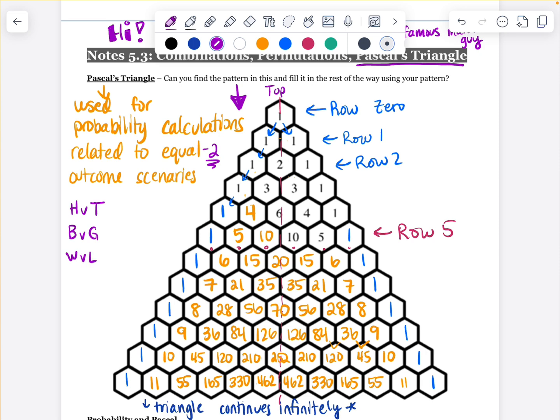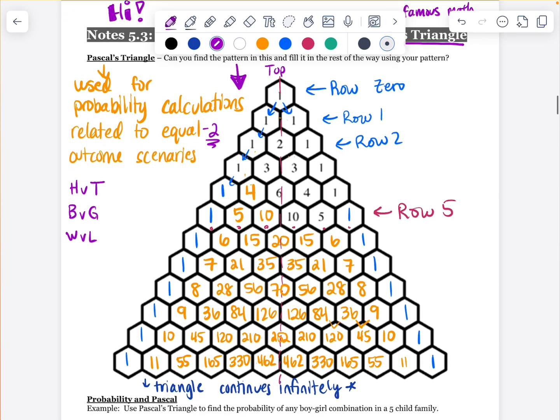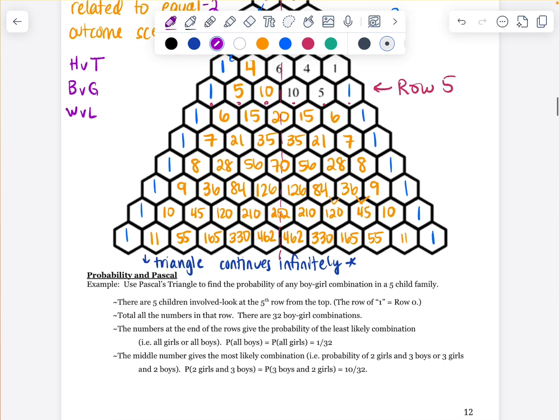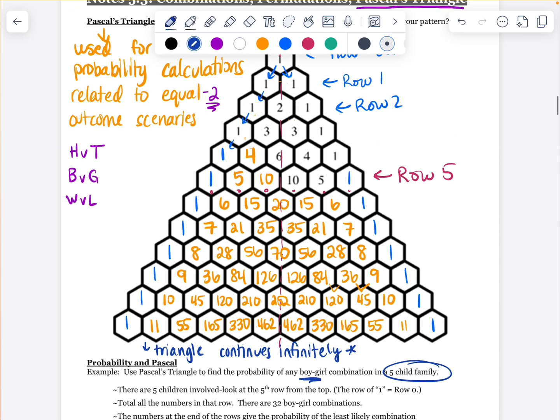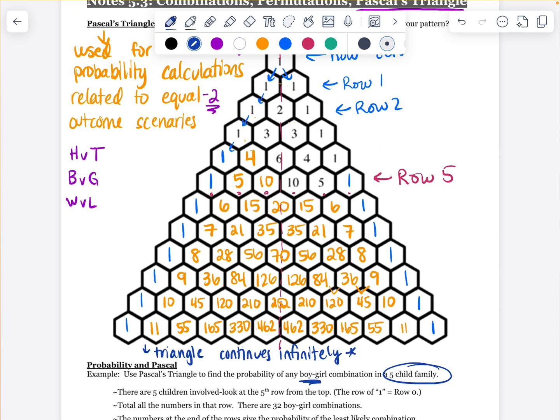And so to give you a scenario, I'm going to give you this example right here about probability in Pascal's triangle. So you could use it to find, let's say, the probability of any boy-girl combination in a 5-child family. So here's the deal. The row that you're in, so this is just a general rule, the row total is always equal to the sample space.